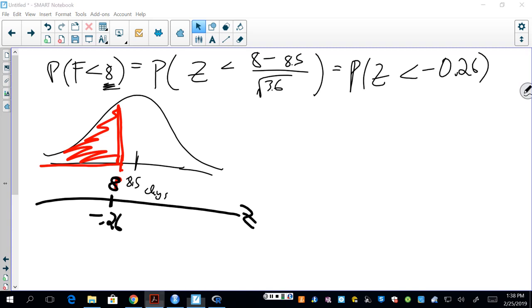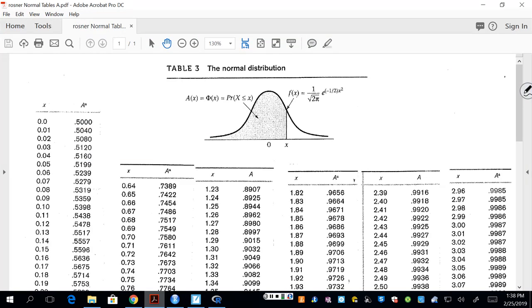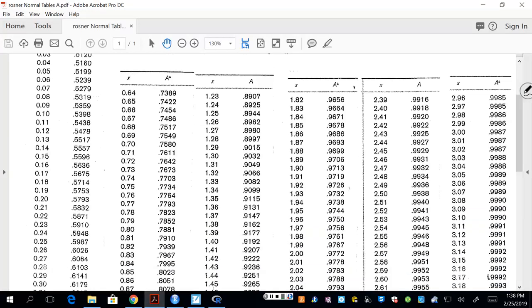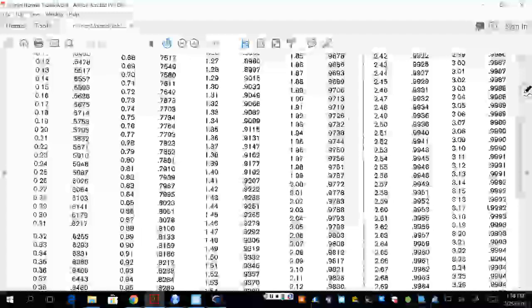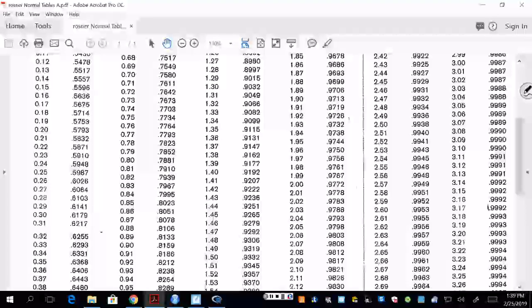So if we want to find that, here's table A, just the A column version from this. Again, this only has the positive values, so that makes it a little more tricky. We can look up 0.26 and get 0.6026.